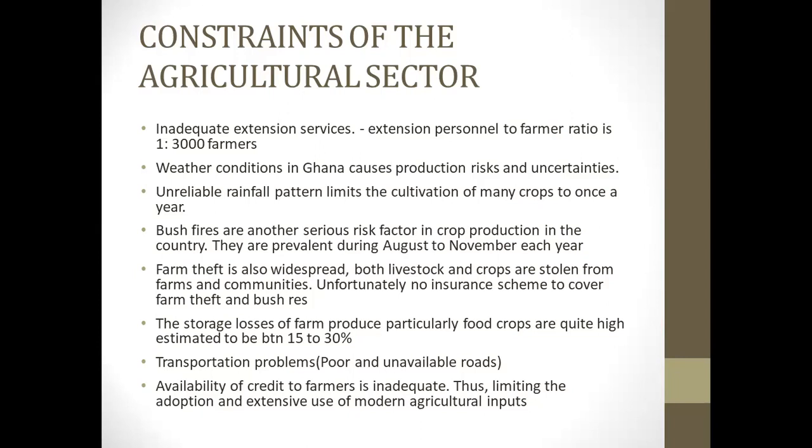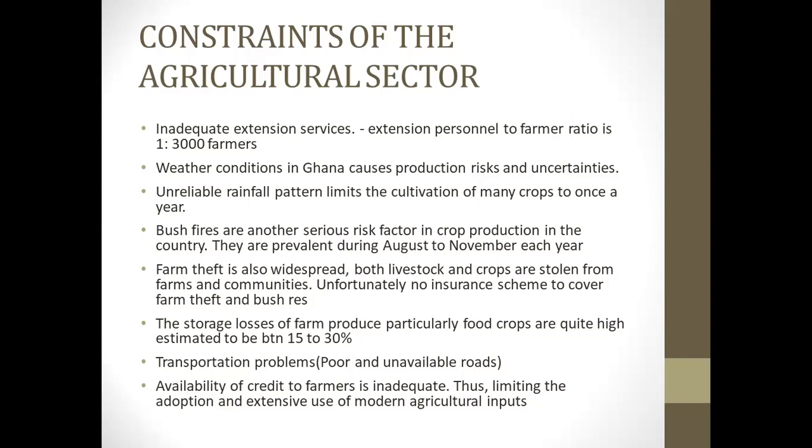Okay, so now let's look at this. The availability of credit to farmers is inadequate. So we have inadequate access to credit or to loans from banks or financial institutions to help farmers purchase certified seeds, or certified fertilizers, or other means to improve their productivity.